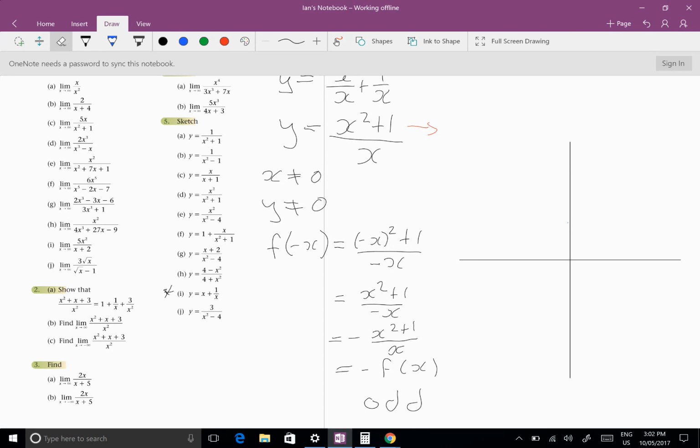So what do we have? Well, we know that y can't equal 0. We know that x can't equal 0. And we know that y can't equal x.